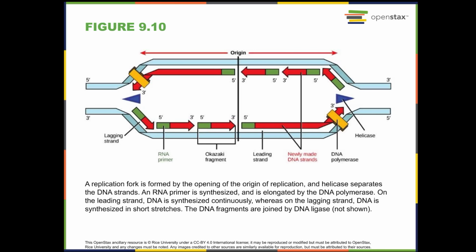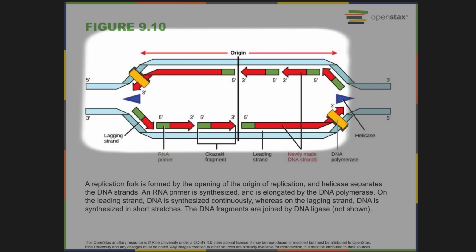The green blocks represent an RNA primer. This is kind of like a starting point for DNA polymerase to begin replicating the strand of DNA. Now, since we're starting from this middle line, the origin, we can see that there's two directions happening, and they're kind of like mirror images of each other.